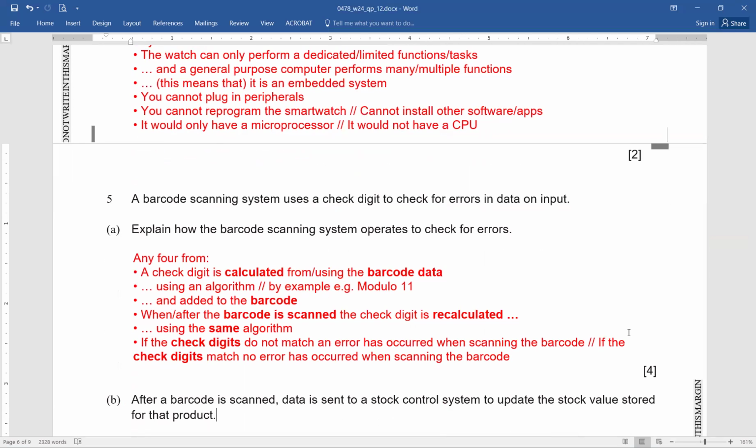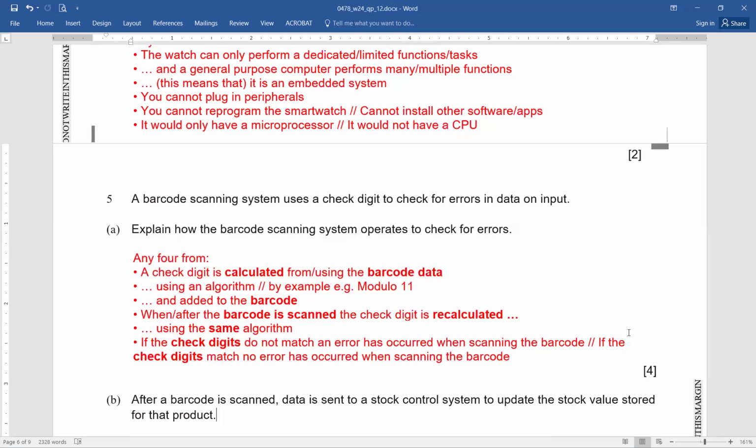So the first thing is they're expecting the student to write what is done in the beginning. A check digit calculation is done using the barcode data, with an algorithm, for example modulo 11 or ISBN 13, and that calculated value will be added to the barcode. This is stage number 1.